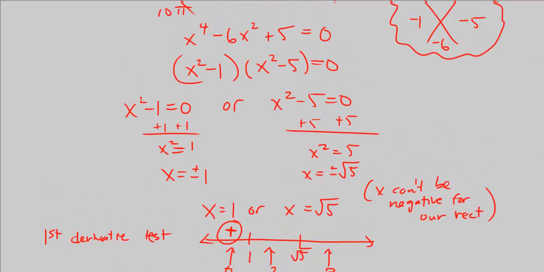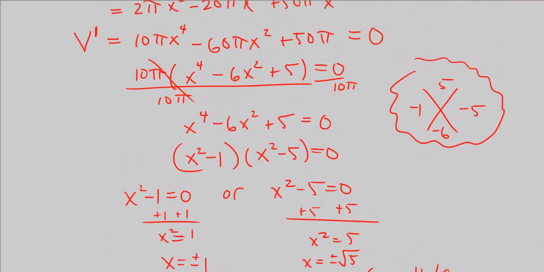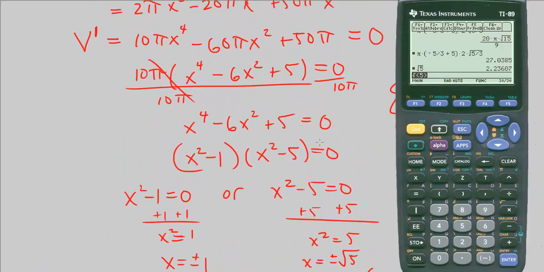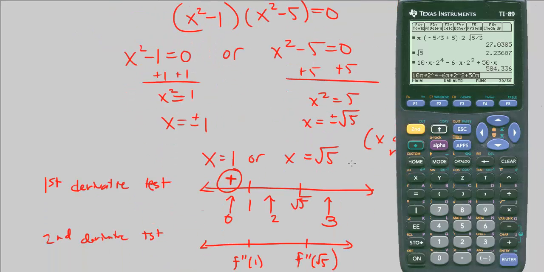Plugging 2 in, I'm going to use my calculator: 10 pi times 2 to the 4th minus 60 pi times 2 squared plus 50 pi. My goal is to see if this is positive or negative, and it's positive.